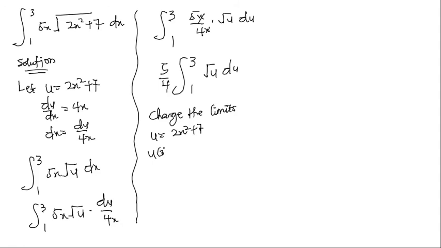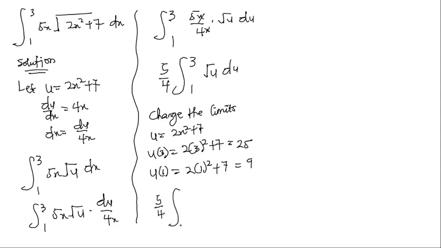If x is equal to 3, I have 2 into brackets 3 squared plus 7, and that will give me a value of 25. If x is equal to 1, I have 2 into bracket 1 squared plus 7, and that will give me a value of 9. So I am to integrate the function 1 on 4, the integral from 9 to 25 of u to the power half, which is root u, du.